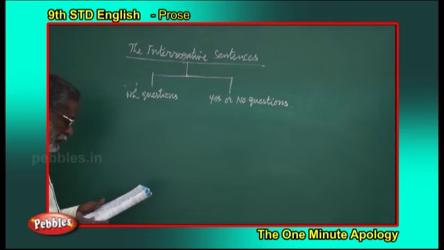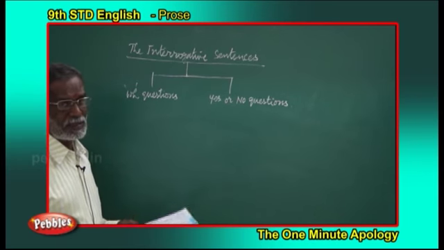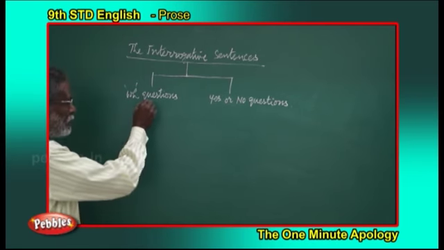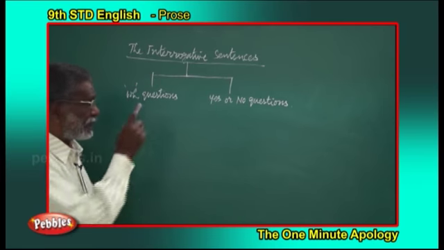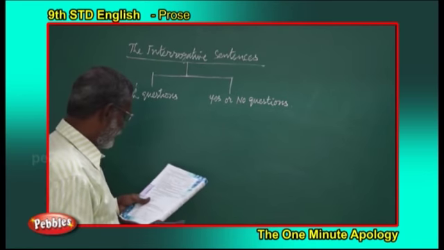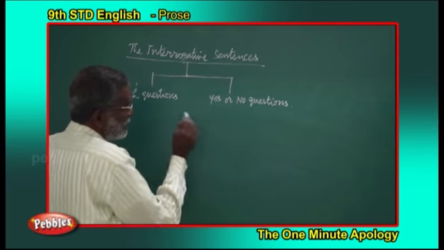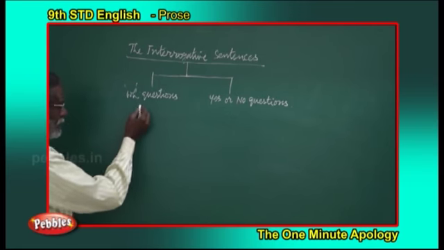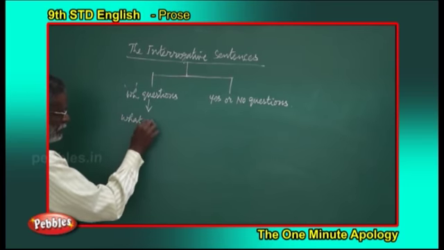WH questions are information questions. Asking a question and getting information, getting an answer for that. And yes or no questions, we have only the questions, but you have to say yes or no. Here, let me write an example. What is your name?